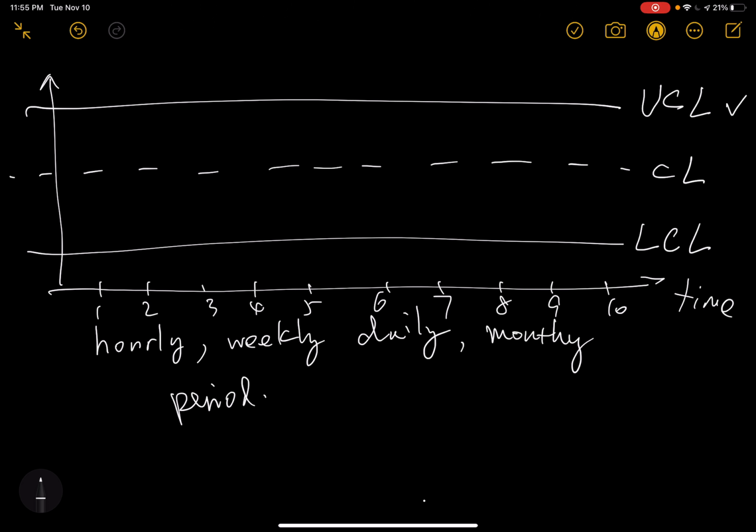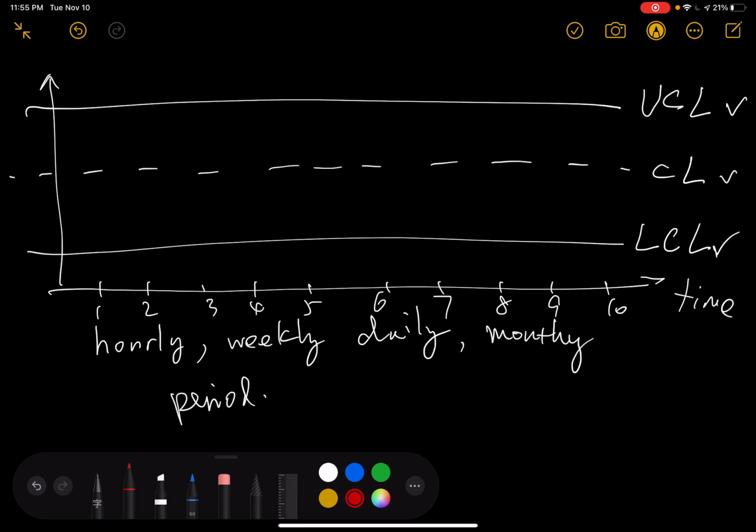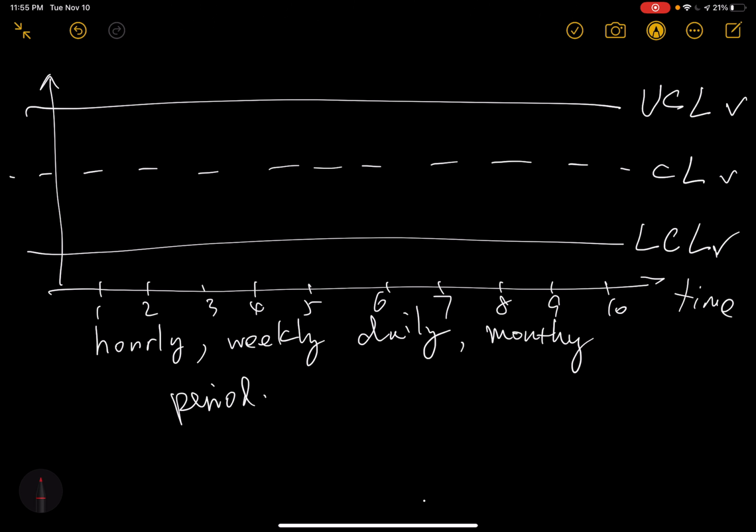I will tell you how to construct these three things later on in the homework. Now here's what's going to happen. Every time period, like time 1, I record a number. These are the measures, or you can call them the quality measures.